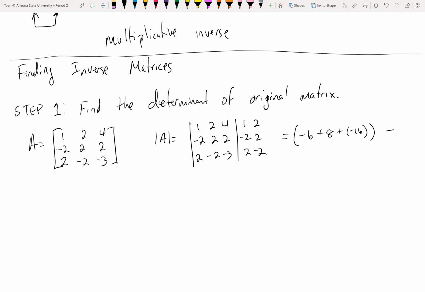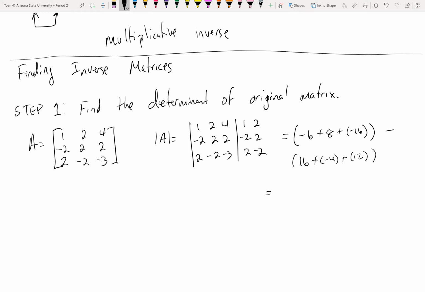minus this diagonal, so that is what, 16, plus this diagonal, which is a negative 4, plus this diagonal, which is a positive 12. So that gives us, what's that?